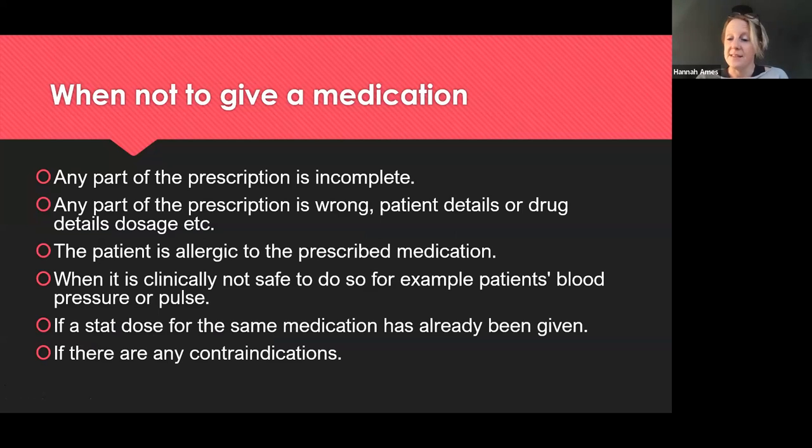Firstly, if any part of that prescription read-through is incomplete, so it's missing a prescriber signature, a route, a time, a dose, then you cannot give that medication. You mustn't alter the prescription, you must just document that it is incomplete using the codes which are on the second page of the drug chart, and completing the administered medicine box as well.